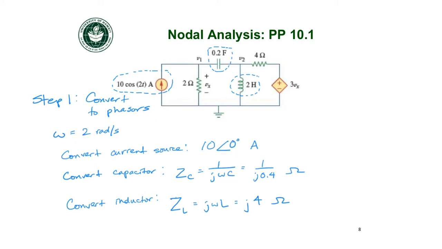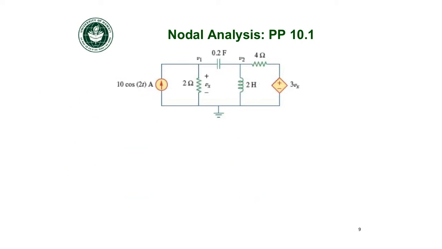Okay, so in our original circuit, we are now representing this as we're remembering that our frequency is 2 radians per second. We're setting the current source to its phasor representation.